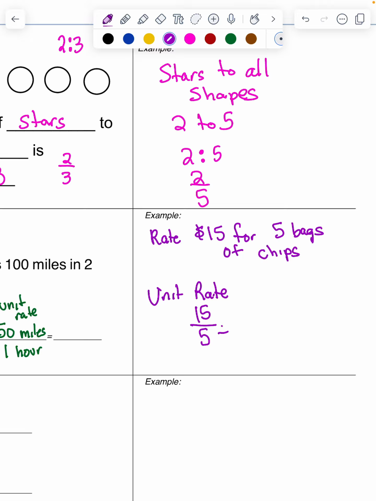Sorry. I'm going to divide that by 5 and divide that by 5. So I get 3 over 1. This is my unit rate, and that is $3 for 1 bag of chips.